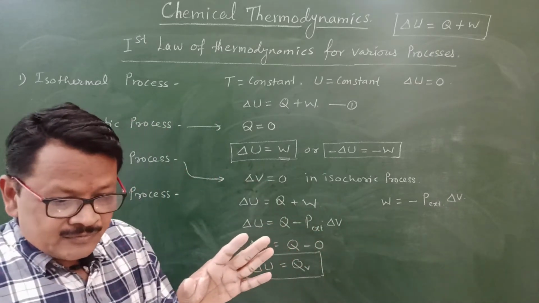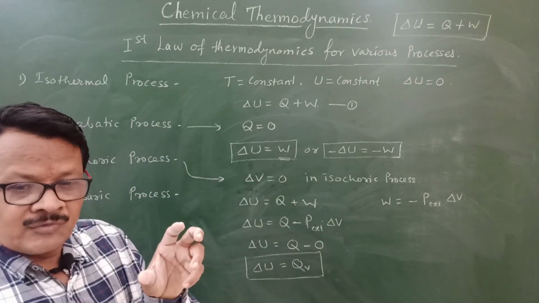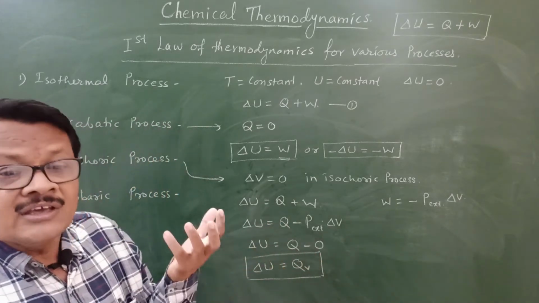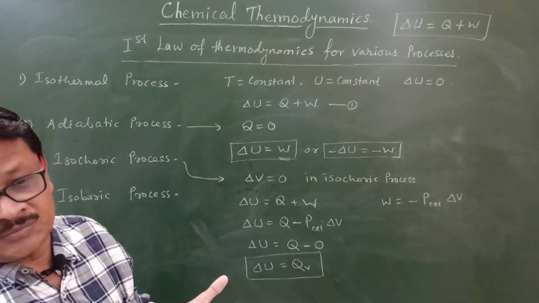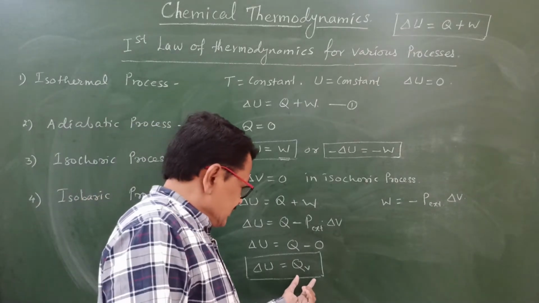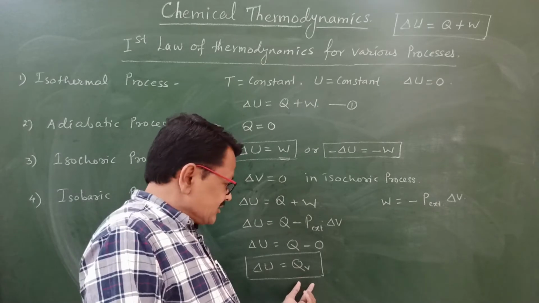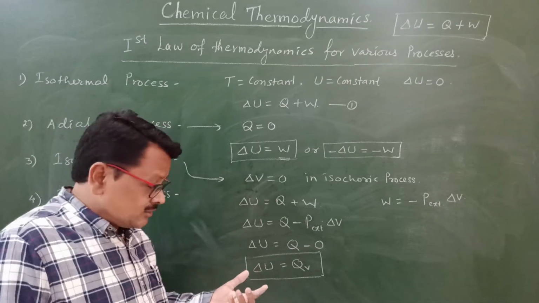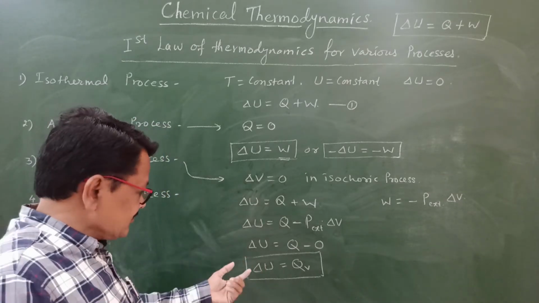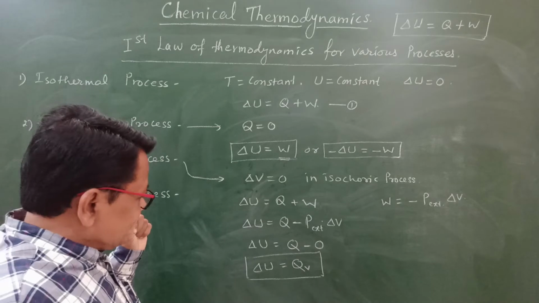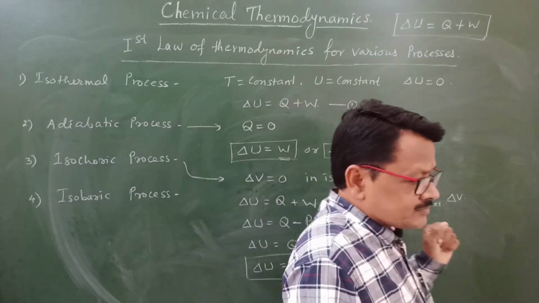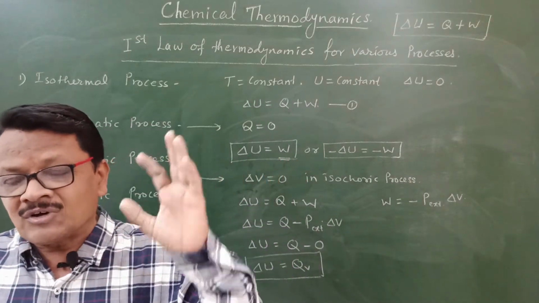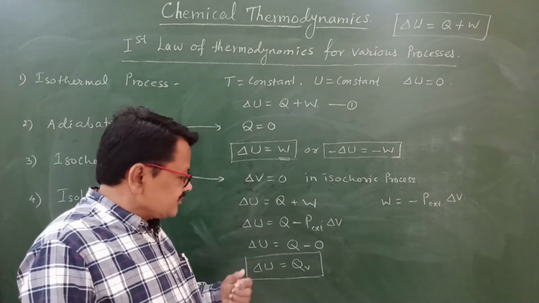Heat supplied at constant volume is totally utilized to increase the internal energy of the system. See here, QV indicates the heat supplied at constant volume, and it is totally utilized to increase the internal energy of the system, that is delta U. We know that U is the internal energy, which is a state function and an extensive property, as we saw already.